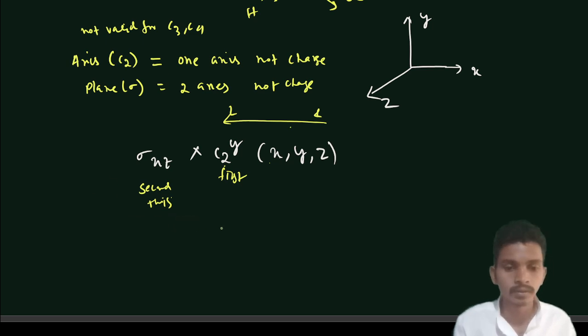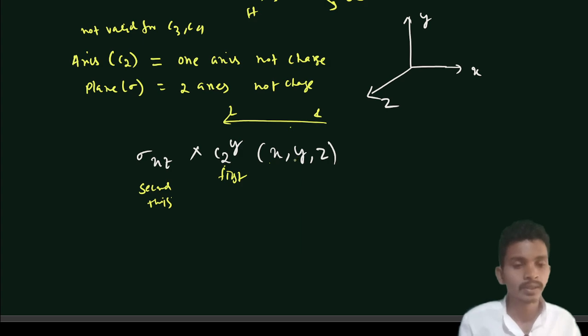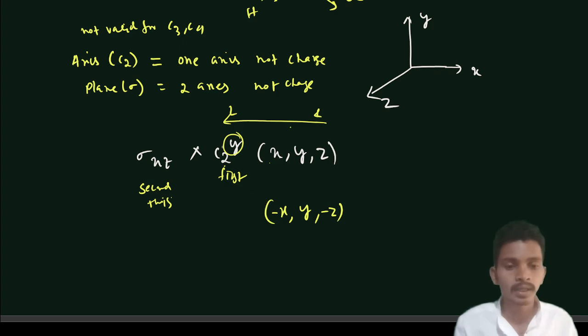With C2y, only one axis will not change, that is the y axis. So x becomes minus x, and y does not change. Now that is over, and sigma xz is applied. What will the result be? x and z remain as they are and y will change.